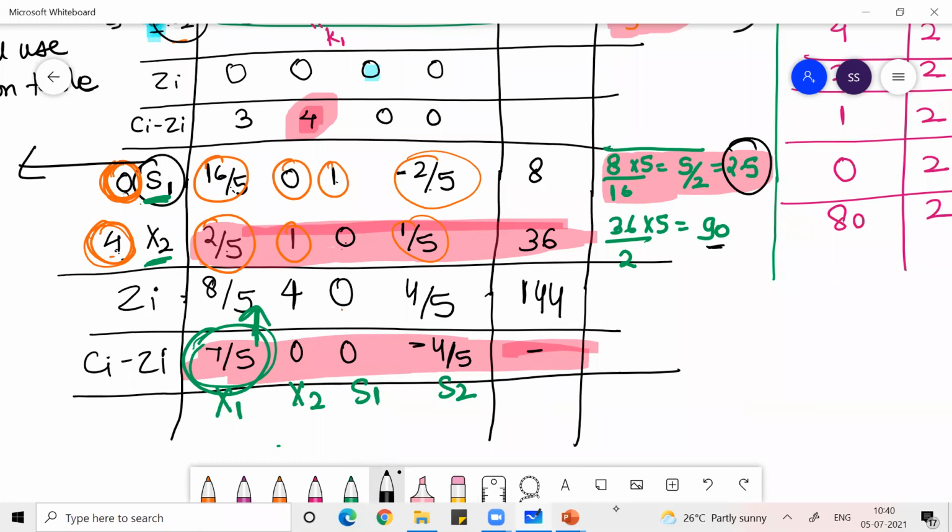Okay, so once you understood, what would be the pivot element? So the pivot element for that, this would be 16 by 5. This would be the pivot element for the row X2. Clear everyone? It means now S1 is going to be replaced by X1.